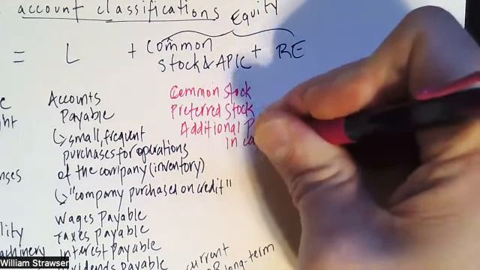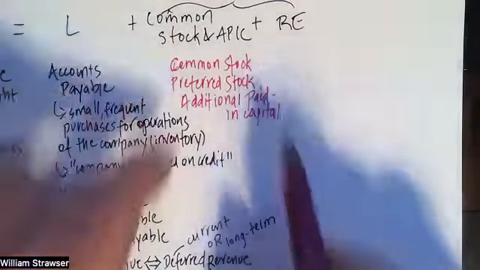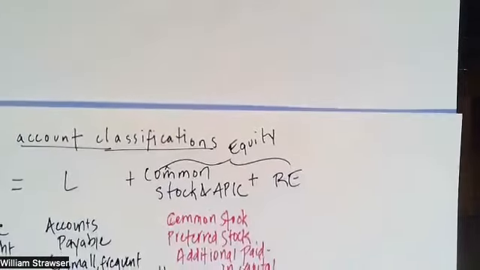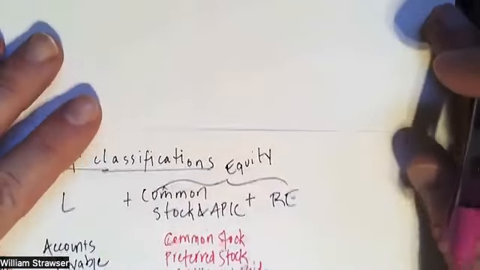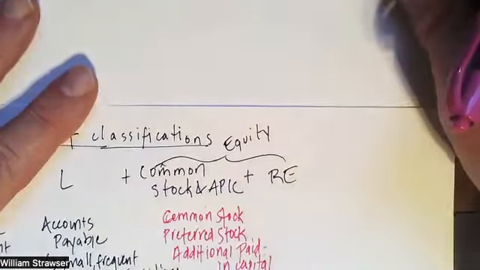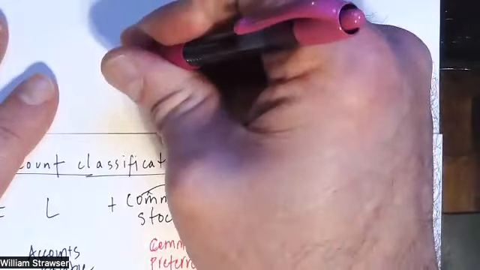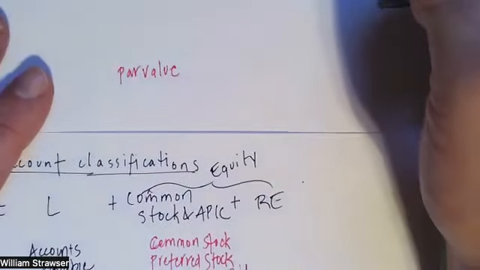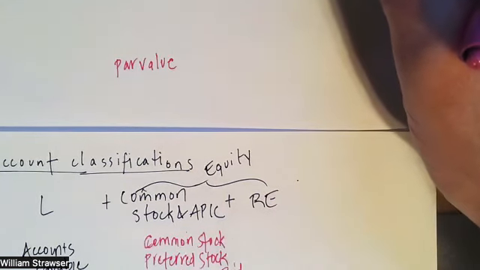And while we're here, I will take a break from just listing things to show you briefly on another page, because it doesn't really fit with what we're talking about, how additional paid-in capital arises and why it basically is just a common stock account. So all stock has what we call a par value. Basically a par value is the lowest amount of money that a stock can trade for.